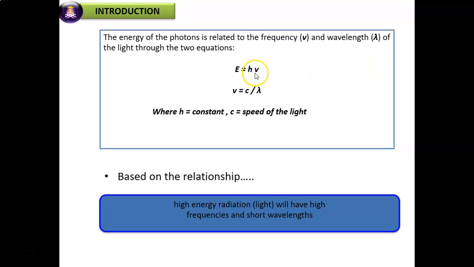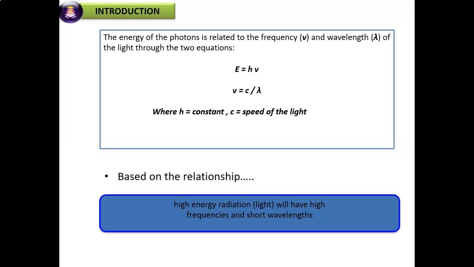So the energy E of the electromagnetic radiation is directly proportional to its frequency, which is E for energy, equal to h times v. h is the Planck constant, which is equal to 6.626 times 10 to the power of -34 joule per second per photon.